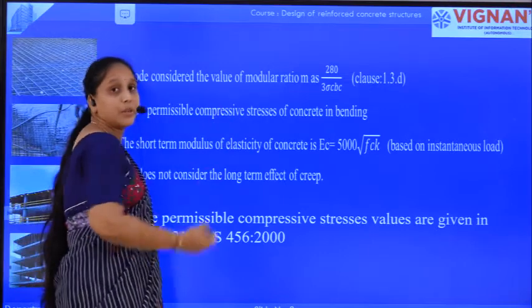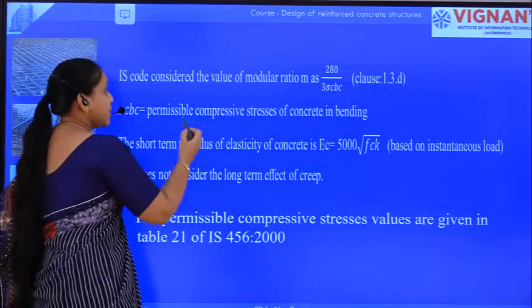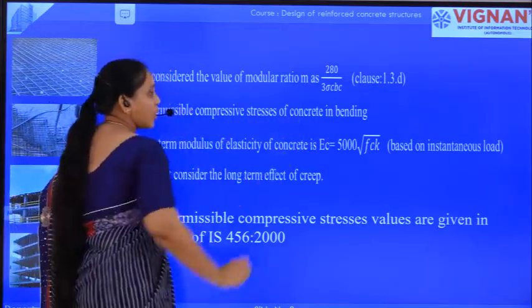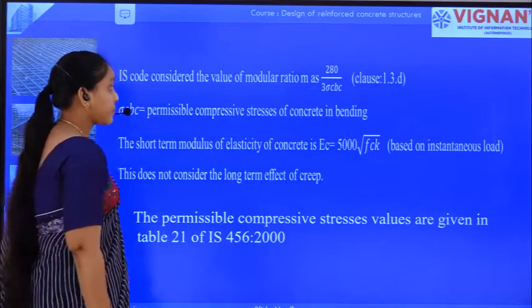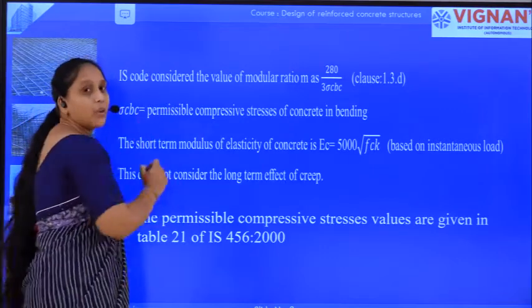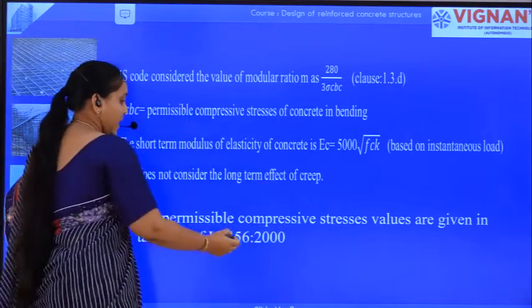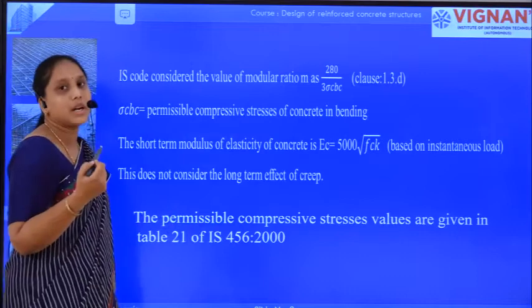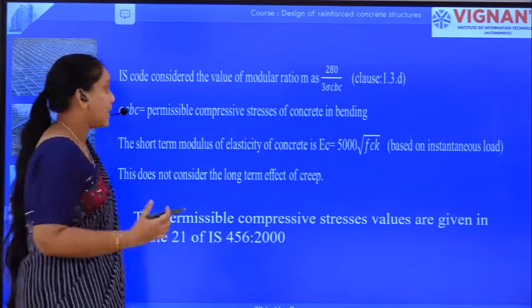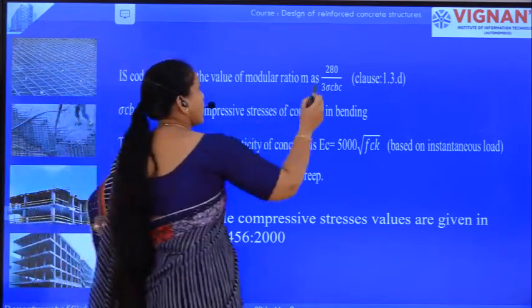What is σcbc here? σcbc is the permissible compressive stress of concrete in bending, and these values are given in Table 21 of IS 456-2000.